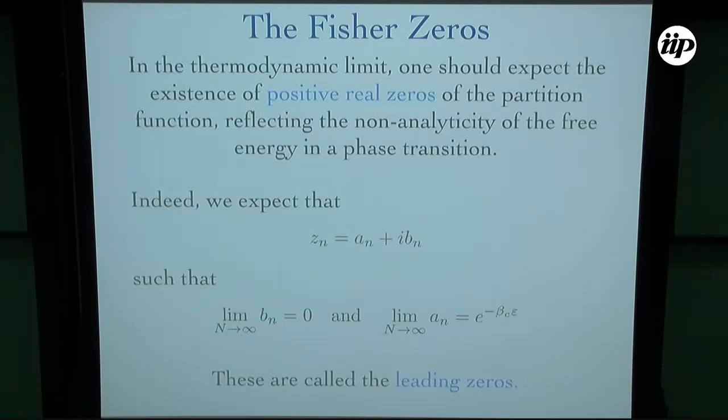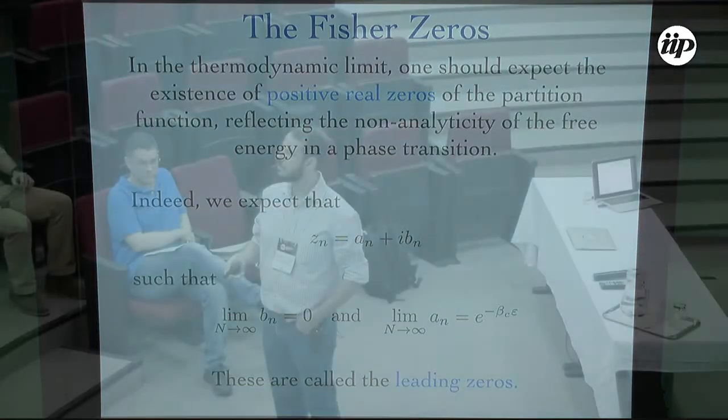But in the thermodynamic limit, we should expect the existence of a real zero of the partition function, reflecting the fact that the free energy of the system is non-analytic. The free energy is given by the logarithm of the partition function, so when it's zero, you have a non-analytic behavior there.